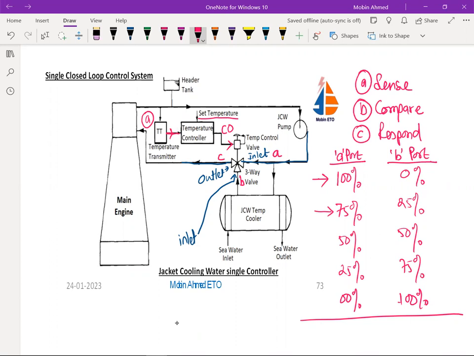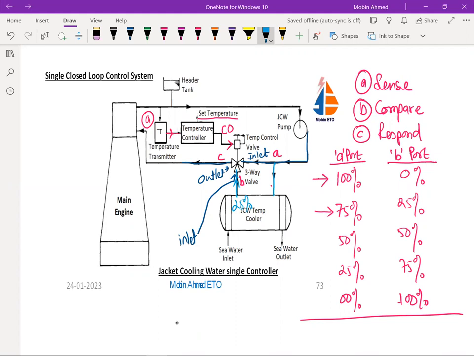So suppose it has opened only 75%, that means 25% of the water is going to flow through this. It will come to the cooler, it will cool down and it will go through this. So this 25% water is diverted towards the cooler.